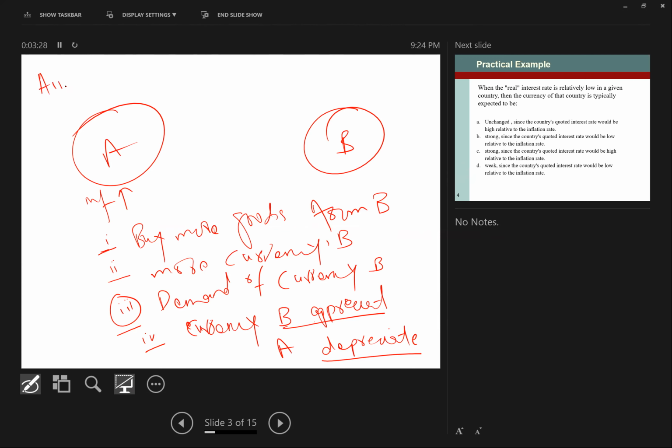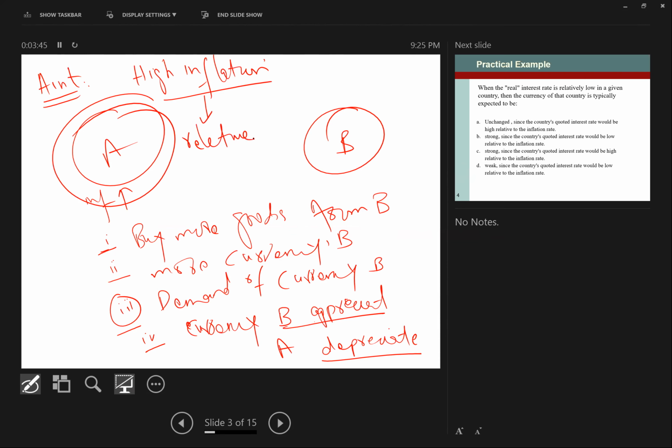So we can have the hint: the country that experiences high inflation, and I mean relative high inflation, its currency will depreciate. Country A's currency is going to depreciate, so obviously the other country's currency is going to appreciate.